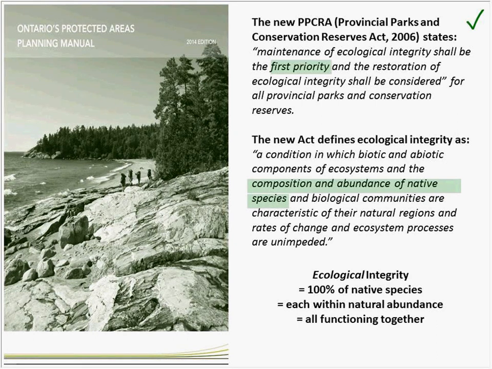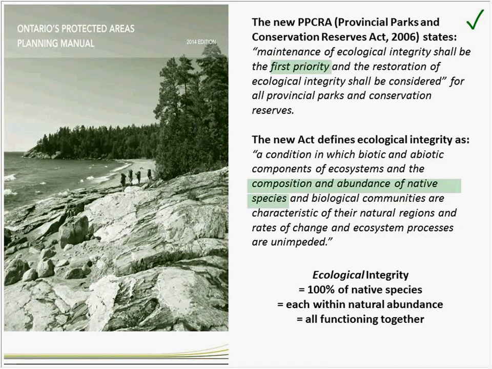It is the first priority guiding principle. And the definition that they provide, as often in policy documents, is not always the clearest. This one's pretty good, but the main part at the bottom there is ecological integrity. At the end of the day, you want 100% of your native species. You want those species to be within their natural abundance, and two, you want them functioning together.